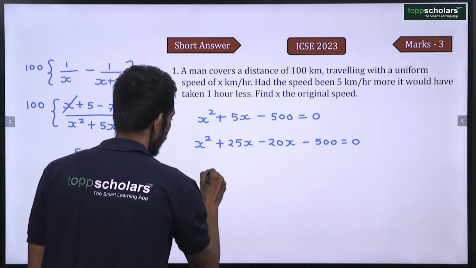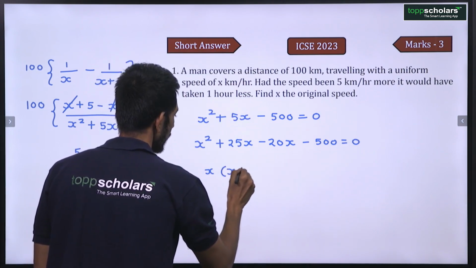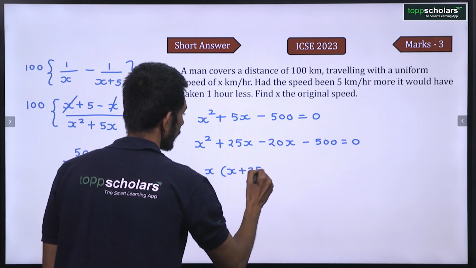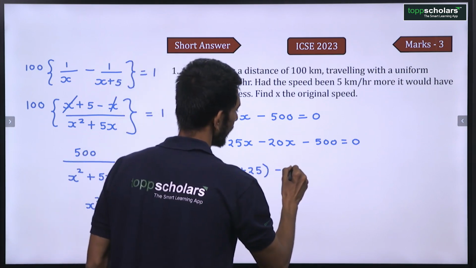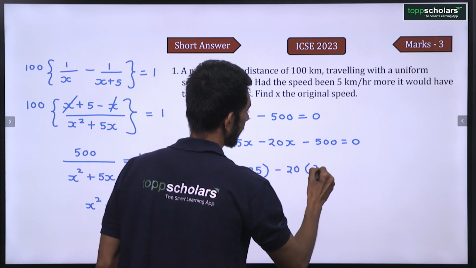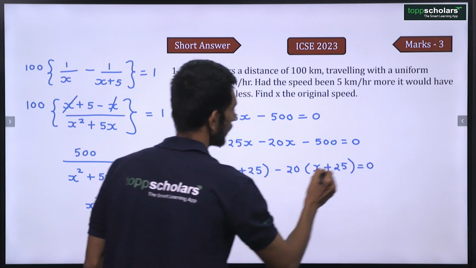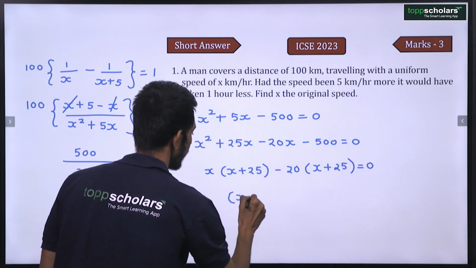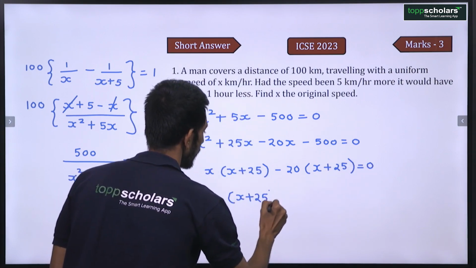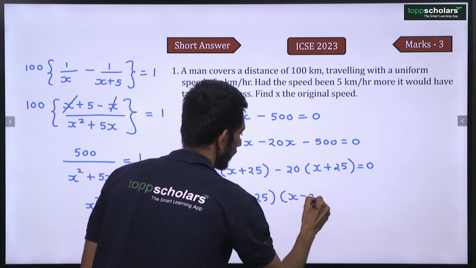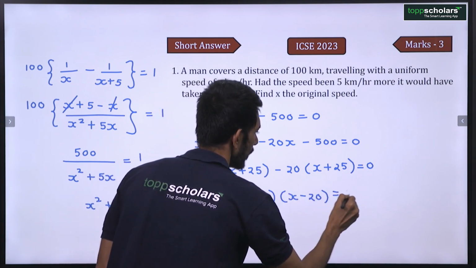You can take x common. You get x plus 25, minus, you can take 20 common. You get x plus 25. So further you get x plus 25 into x minus 20 is equal to 0.